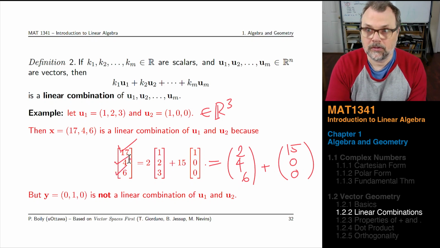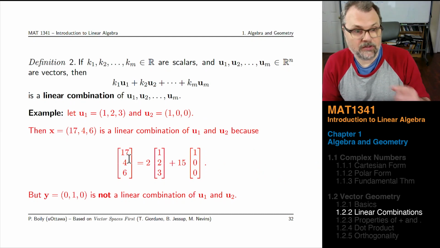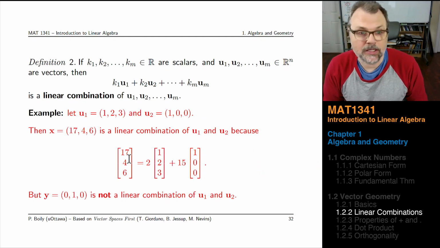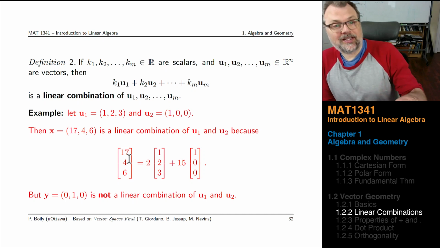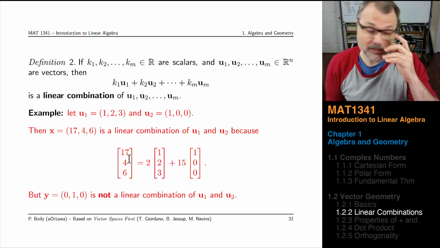Okay. So, yeah, 17, 4, 6 is a linear combination of 1, 2, 3 and 1, 0, 0. I'm not telling you how you found it. This is something else we'll talk about and discuss later.